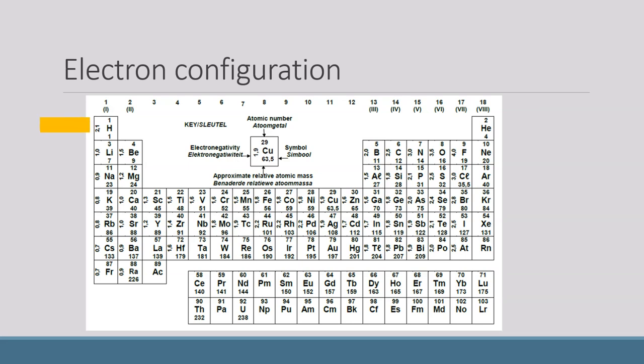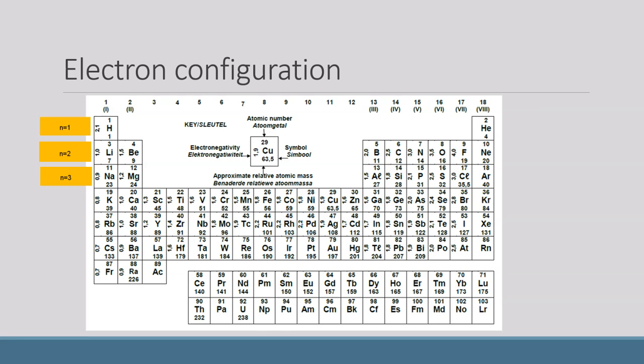Over here, we've got the elements of period 1. Elements of period 1 have their outermost electrons in the first energy level, which is n equals 1. Elements of period 2 have their outermost electrons in the second energy level, which is n equals 2. Period 3 elements have their outermost electrons in the third energy level, which is n equals 3.